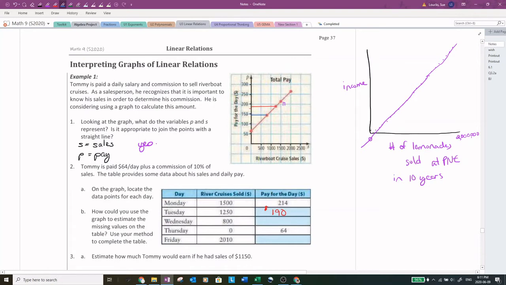So this has got to be, let's say 145. Okay, maybe 146, but I'm going to go with 145 because I don't feel like I can really read anything better than to the nearest 5 off of this graph at the scale that it's at. Thursday, he sold 0 and still made $64. So that's that point, this point right here.